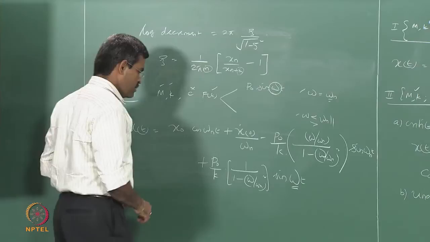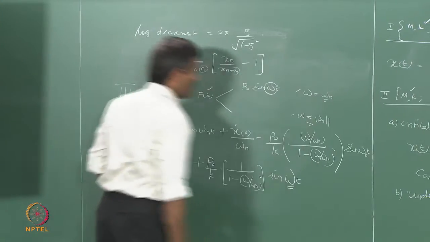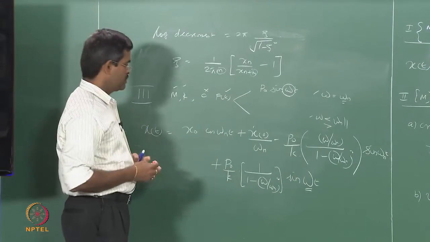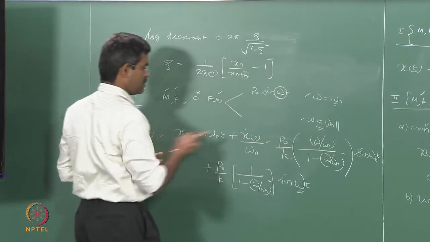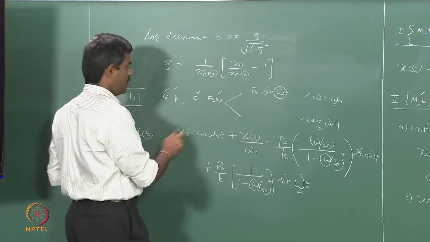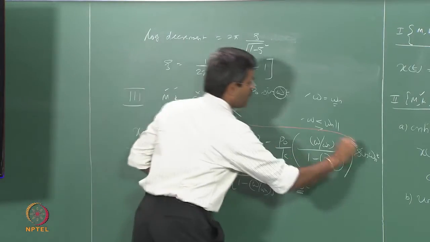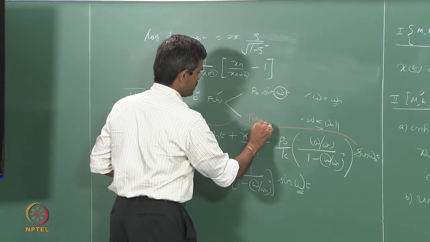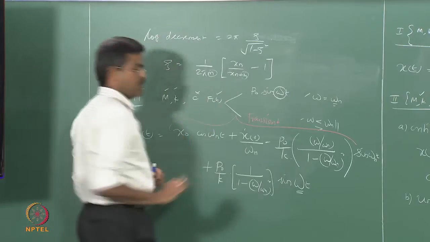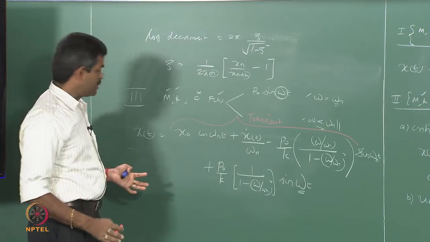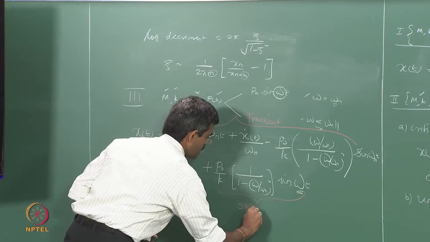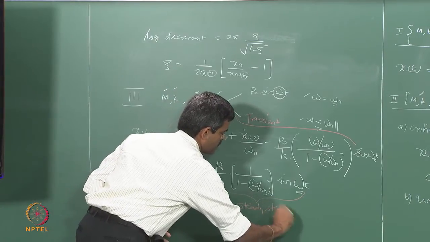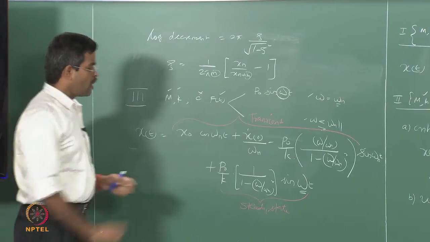And we already said that the response contains two parts. One part of the response depends on the initial conditions given to the problem. We call this the transient response. The other does not depend on the initial conditions. We call this the steady state response, which will always be present.